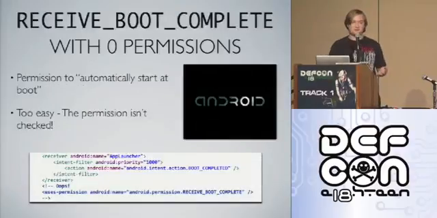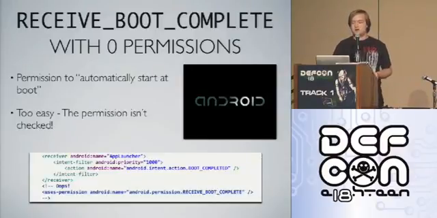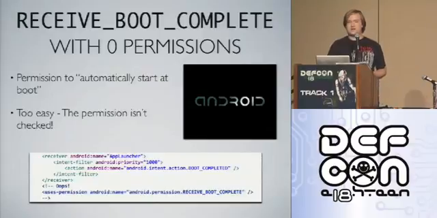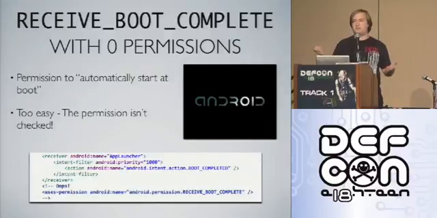So now that your phone is rebooting, and it starts to boot up, there's a permission called Receive Boot Complete. And this shows up in the Android permission screen. It says allow app to start at startup, or something along those lines. But the idea here is that the app would automatically start, right?